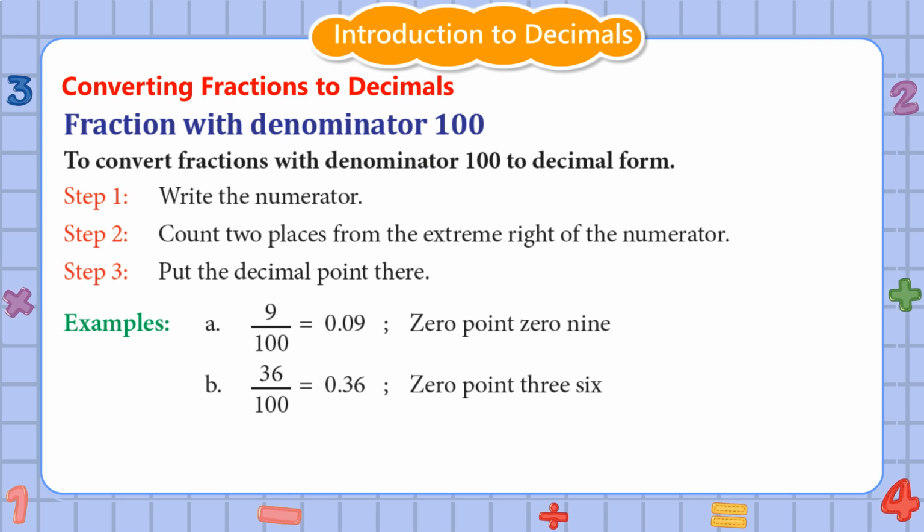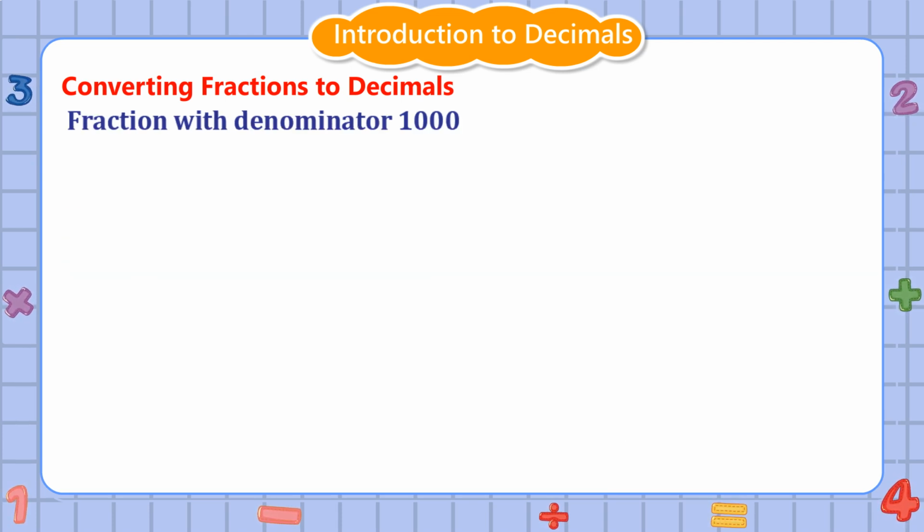B. 36 upon 100 is equal to 0.36. C. 1679 upon 100 is equal to 16.79.